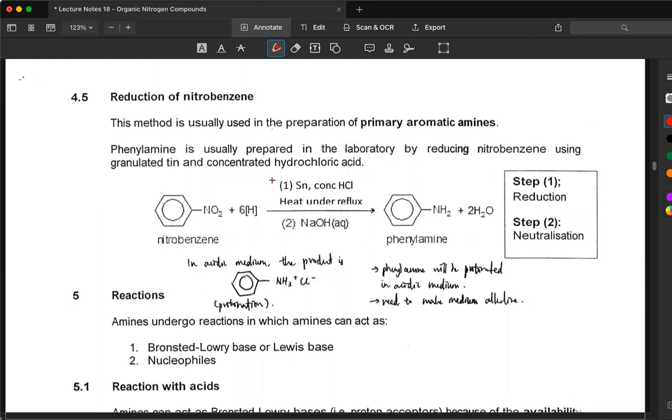So we usually start from, let's say, nitrobenzene, using tin and concentrated HCl, heat under reflux, followed by NaOH. All right, the NaOH is for the neutralization part. So 2H come here, the other 4H come here with 2 oxygen.